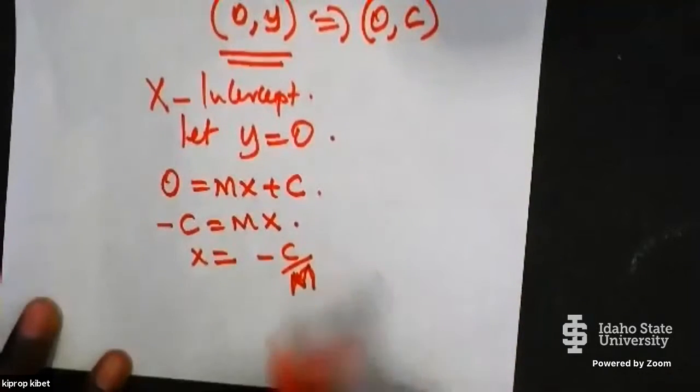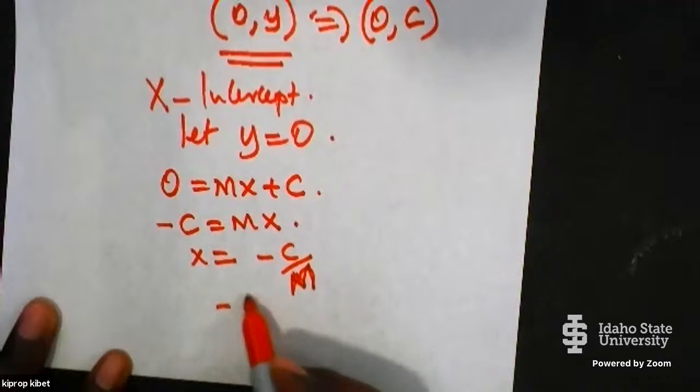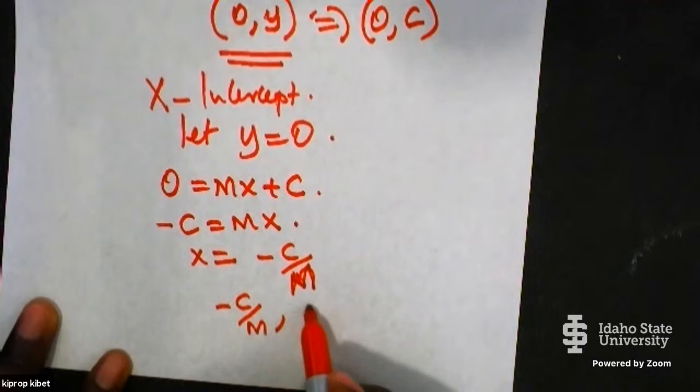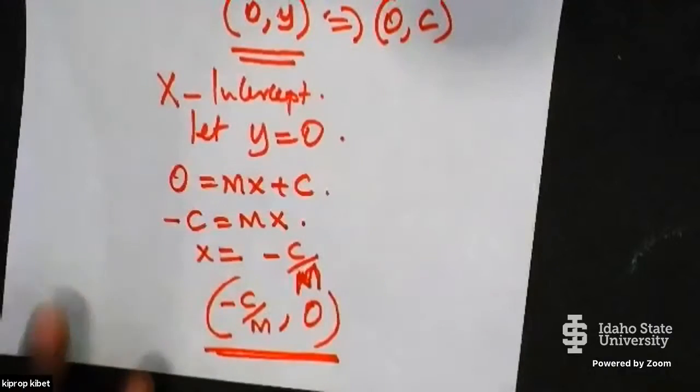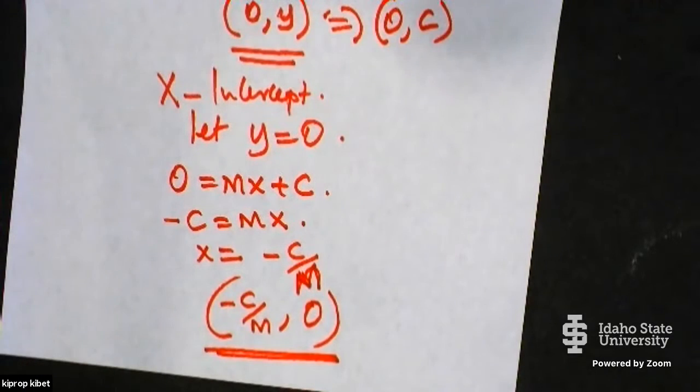So our ordered pair will be minus c all over m, and then 0. So that is our ordered pair. You can use the same way to solve the question there. So again, those are 3 points. Very good points.